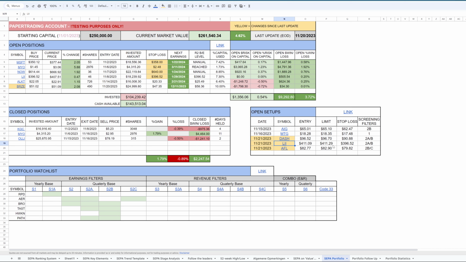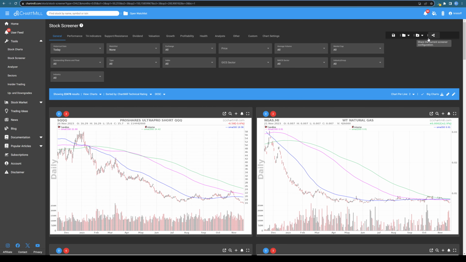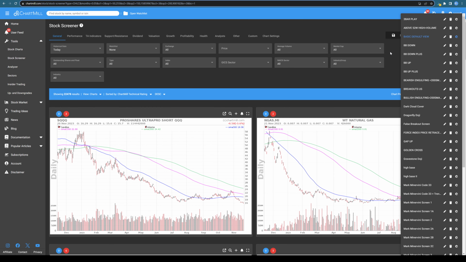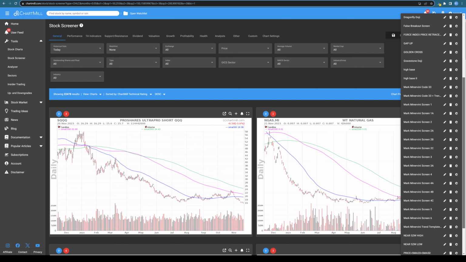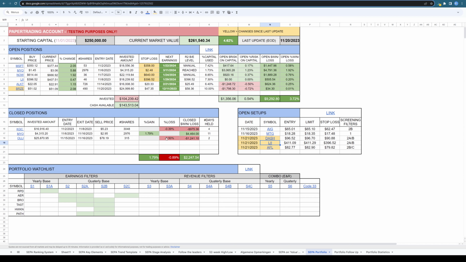And this setup corresponds to the filters 2A and 2B. And I will show you what I mean by that. This is my personal stock screener page, and if I open my stock screener filters, I have added all the different Mark Minervini screens as shortcuts to my page. So for LEE it's 2A and 2B.